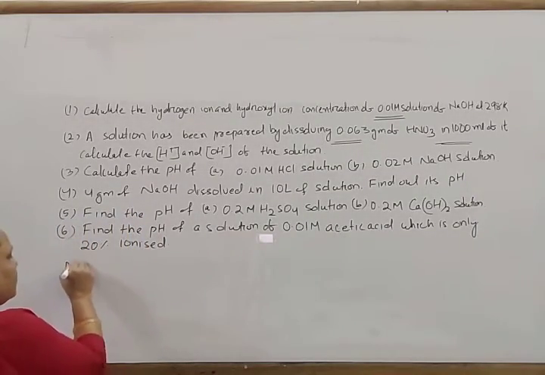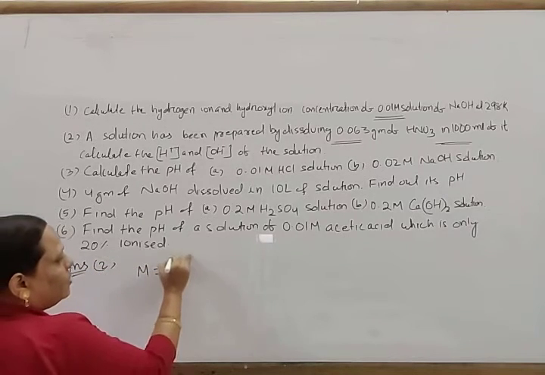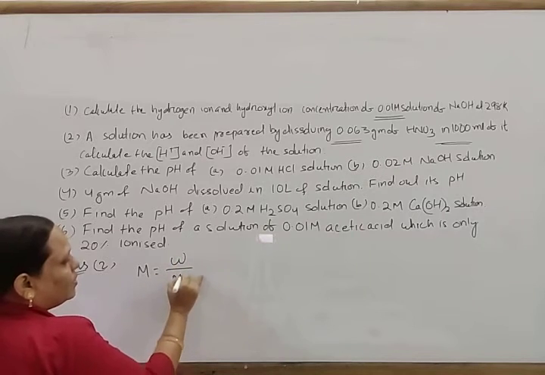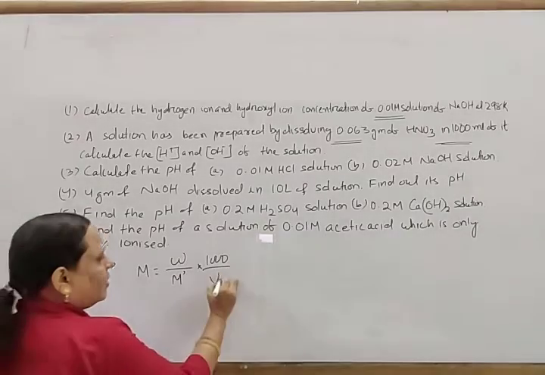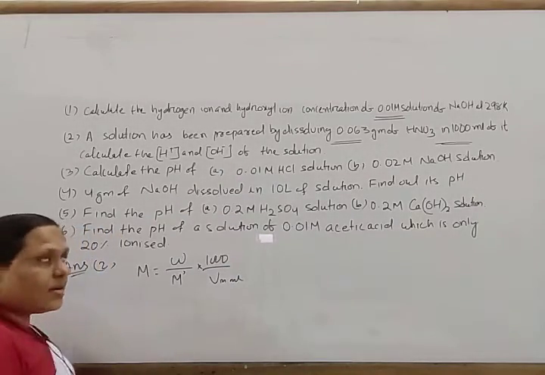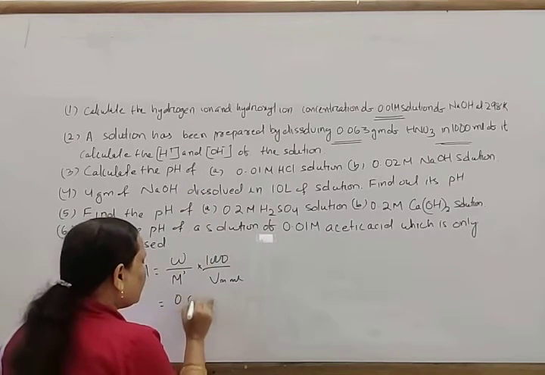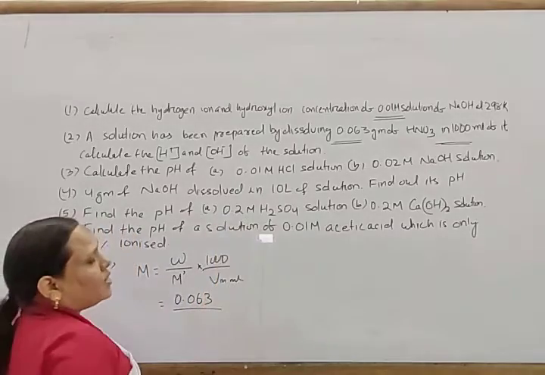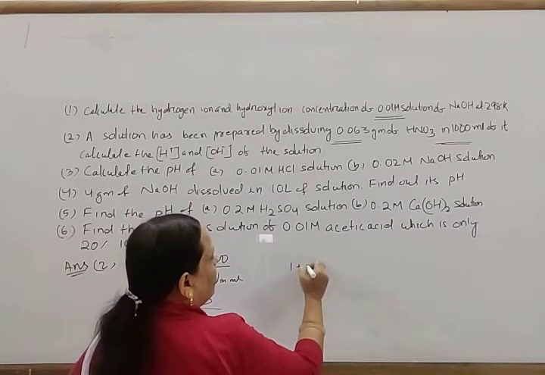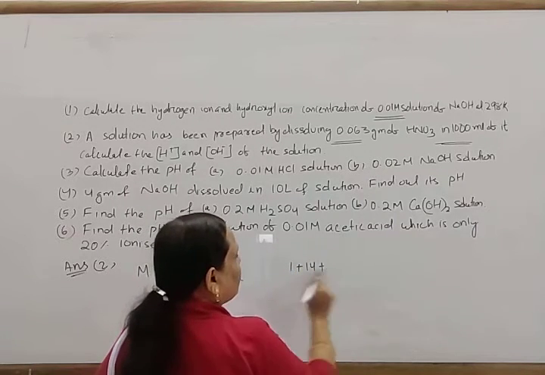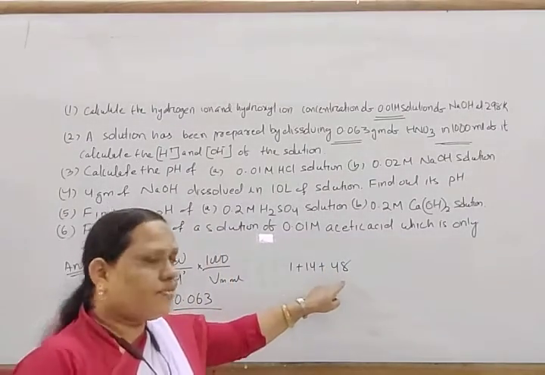So, answer 2. The molarity of the solution is weight of the substance by molecular mass into 1000 by volume of solution, when the volume is given in milliliters. The weight is 0.063 and the molecular mass of nitric acid is 63: hydrogen 1, nitrogen 14 and oxygen 48. Just add them to find the molecular mass.